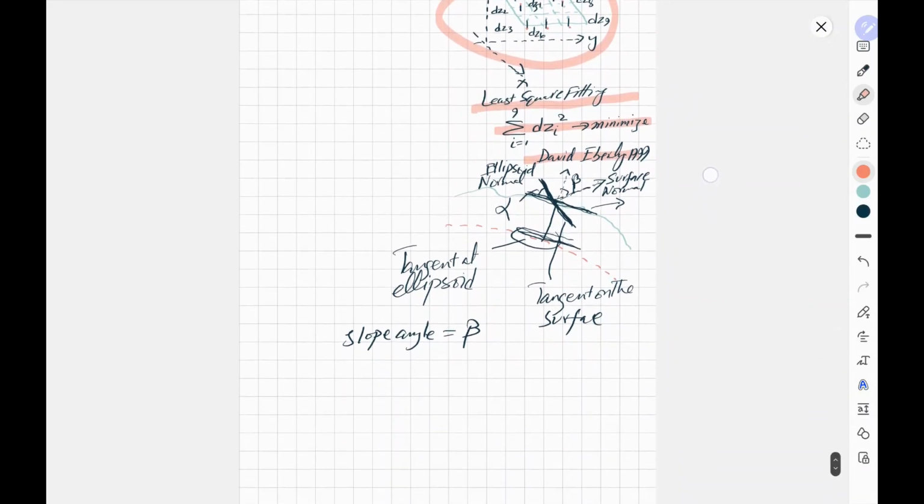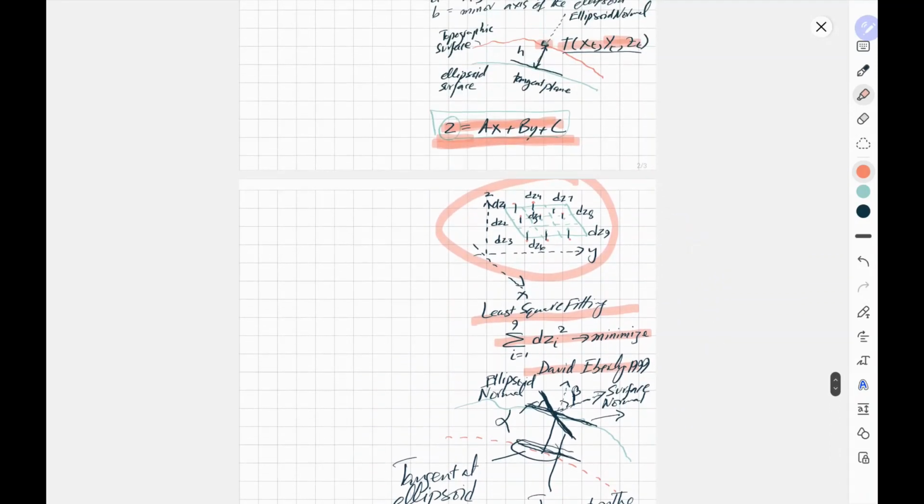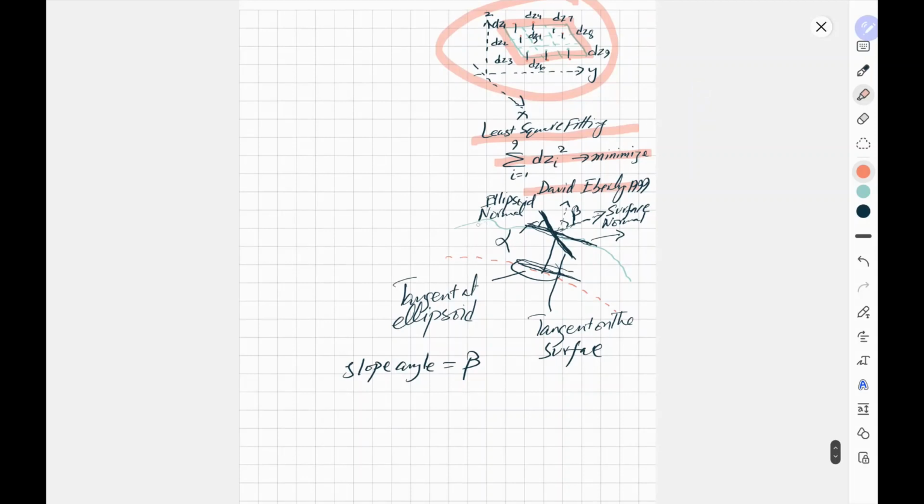This surface which you get will subtend an angle on the topographic surface with respect to the tangent of the ellipsoid. And how do you compute this?